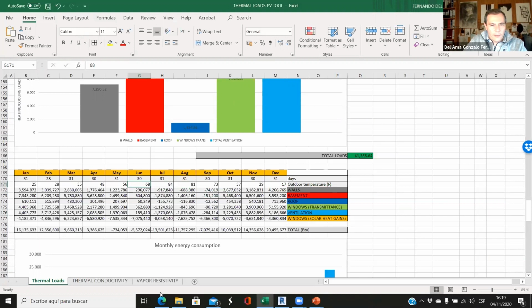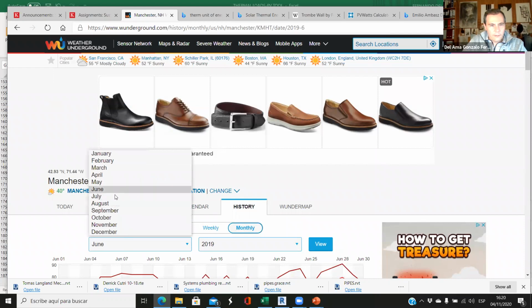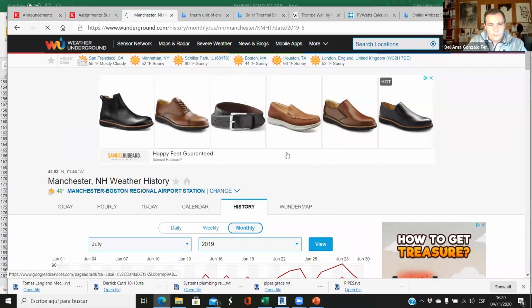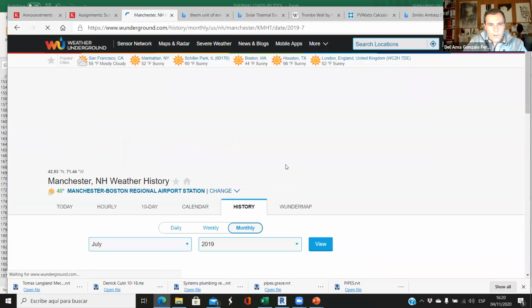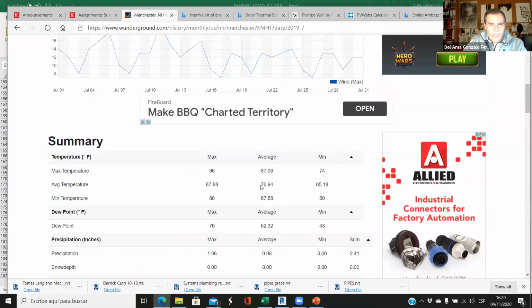And then in July, most likely we would need cooling. Yeah, the average is 76, almost 77. Okay, so let's type here 77.